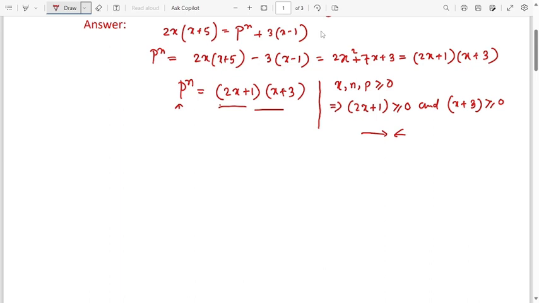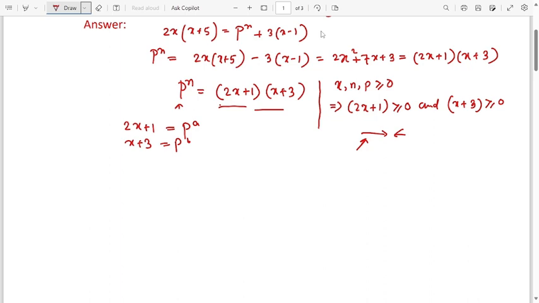So from this we can say that each factor of p to the power n will be some power of p. So 2x plus 1 is equal to p to the power a for some a, and x plus 3 is equal to p to the power b.